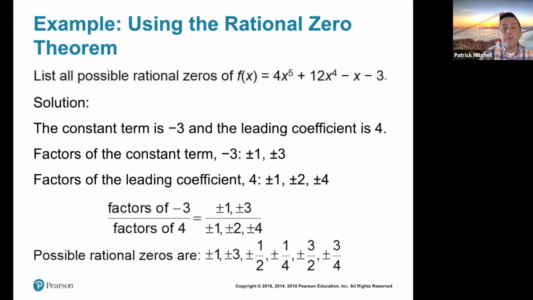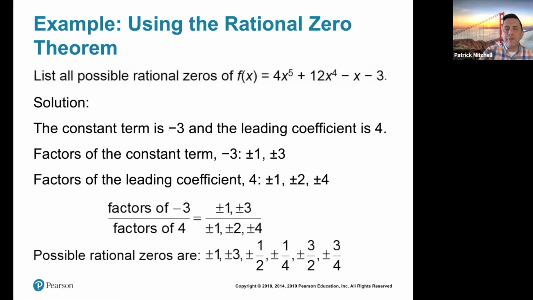Remember that any rational zero of this polynomial, its numerator would have to be a factor of -3, and its denominator would have to be a factor of 4. This is exactly the same way I write it on a piece of paper or on a whiteboard. The factors of -3 are plus or minus 1, plus or minus 3.